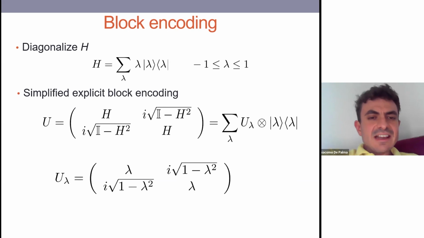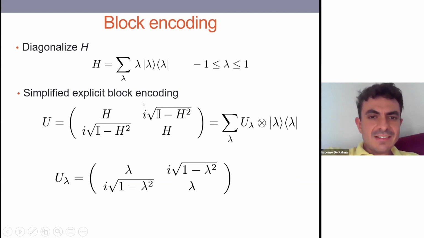Now, actually, it will be easier if rather than dealing with a generic block encoding, we consider a specific one, but all that I will say will still hold when considering generic block encodings. So we can write down an explicit block encoding of H in this way.